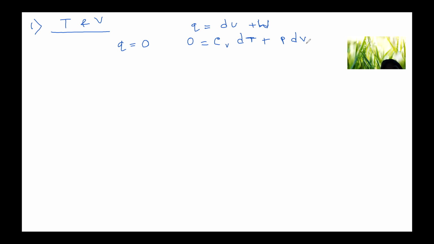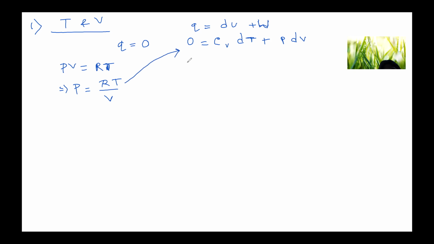Now we know from the ideal gas equation for 1 mole of gas, PV equals RT. So P equals RT by V. We can put this value of P into this equation.